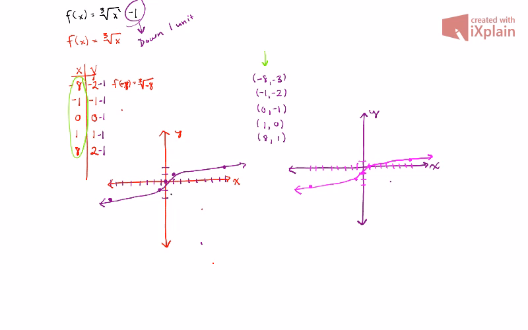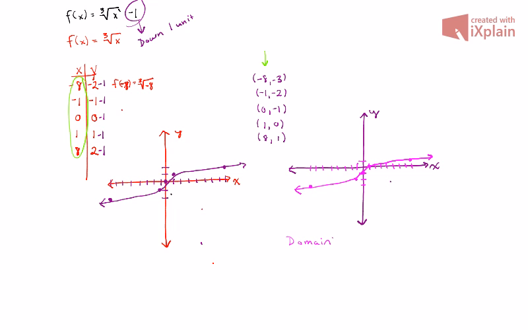So note that our shape didn't change. It's still that snake shape that slithers horizontally. But note that all the points, if you compare them to the graph on the left, they've all moved down 1 unit.